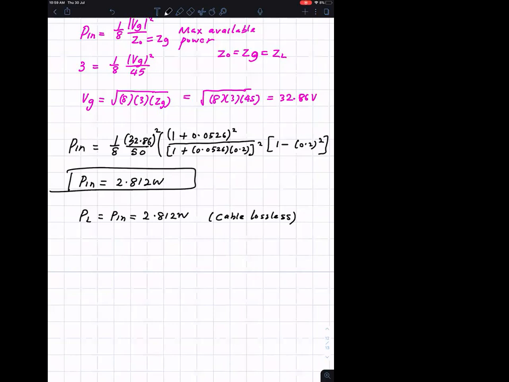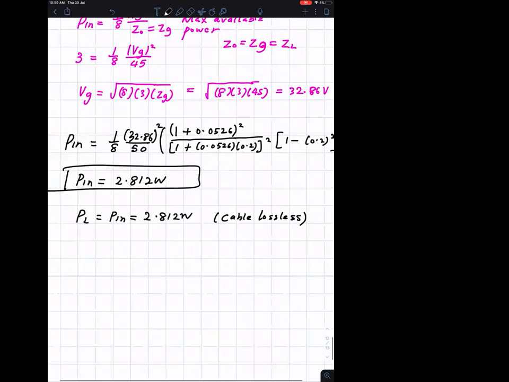The 0.2 watts is lost. Where was it lost? What was the root cause of the loss? Reflection. Okay.